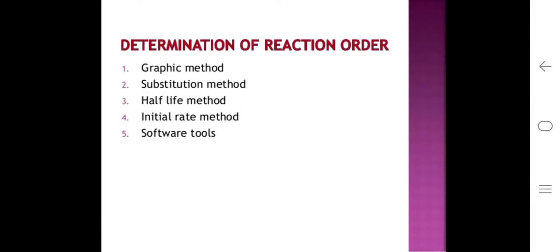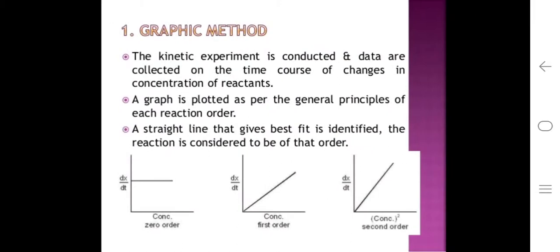Determination of reaction order: graphic method, substitution method, half-life method, initial rate method, software tools. Graphic method: the kinetic experiment is conducted and data are collected on time course of change in concentration of reactant.